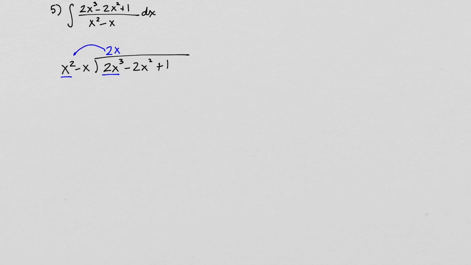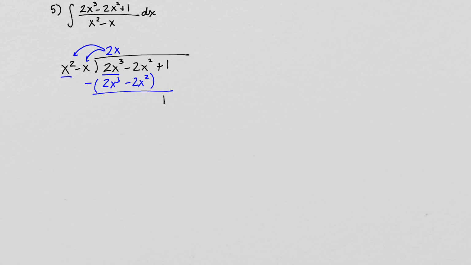So if I multiply it down, 2x times x squared is going to give me 2x cubed. 2x times minus x is going to give me minus 2x squared. And then if I subtract that all, I'm going to just be left with the 1. And so there's nothing else that I can do with that.